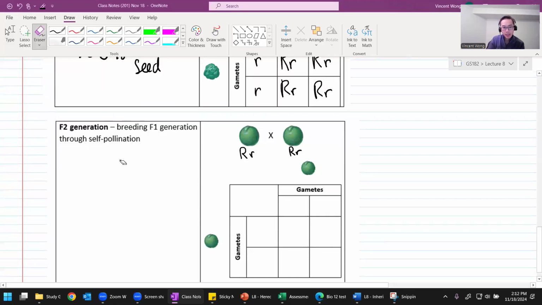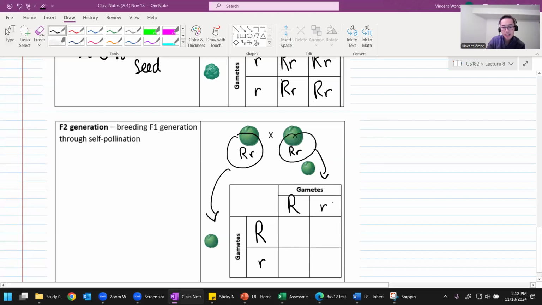Now we're going to create the second generation, the F2 generation. What kind of gametes will this plant produce? It doesn't matter whether you put it at the top or on the side, things work out the same. For this one, half of the gametes will have big R, the other half will have small r. Similarly, for this plant, half of the gametes will have big R, half will have small r.